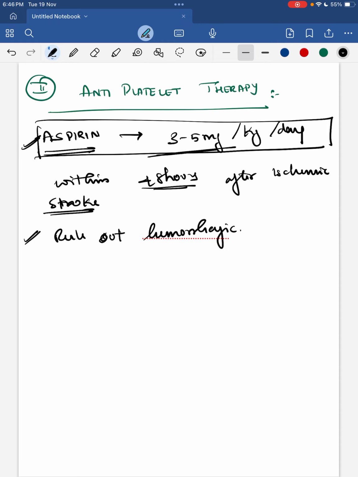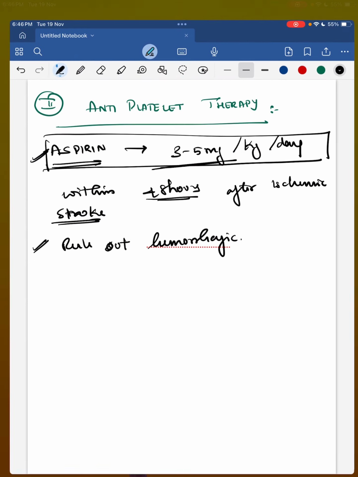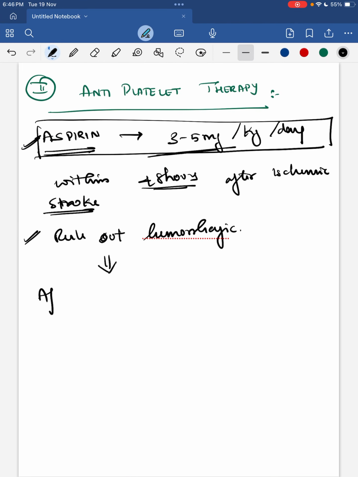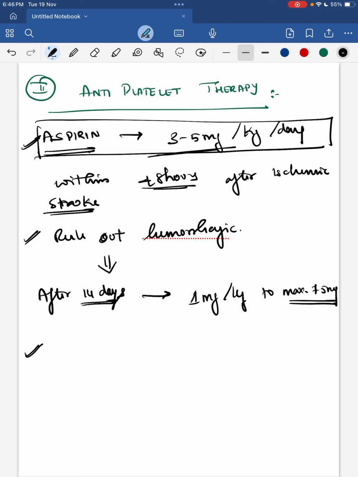Next, after 14 days, you will reduce the dose to 1 mg per kg, to a maximum of 75 mg.